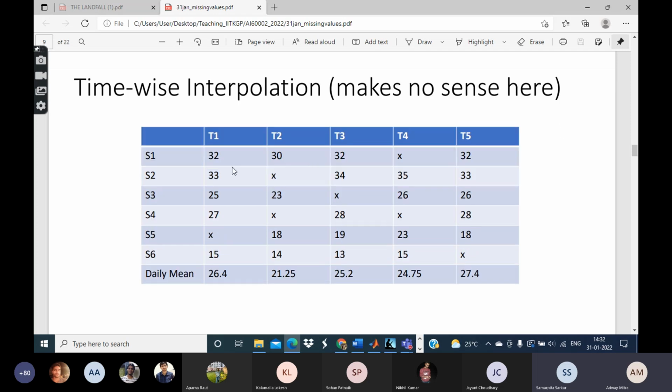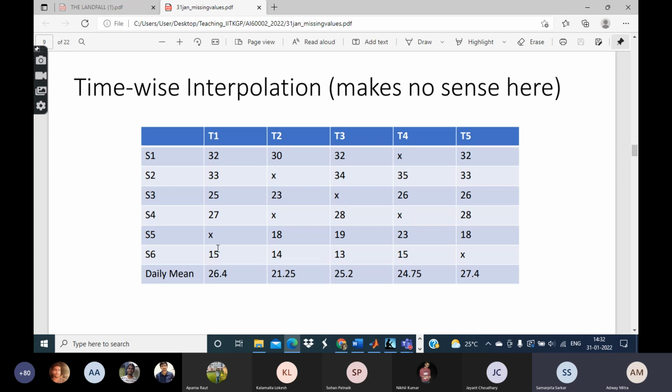Taking a mean makes sense only when there is less variance along that dimension. If we take the mean over space, there is a lot of variance over space. We have already seen that S1, S2 is one cluster, S3, S4 is another cluster, S5, S6 is a third cluster, etc. So if we take the mean over the locations, we are basically ignoring all those differences.